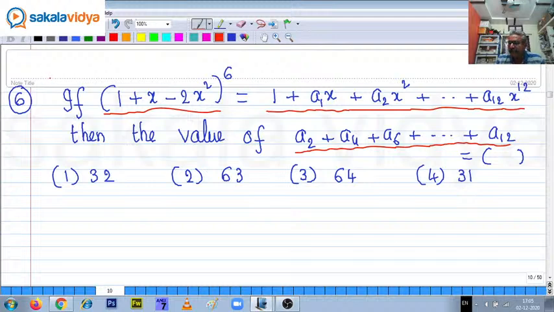Sometimes we may substitute x is equal to 1, x is equal to omega and x is equal to omega square also. So these are the tentative substitutions we can follow to crack these kinds of problems. First let us put x is equal to 1 on both sides and put x is equal to minus 1 on both sides. Let us check whether we are going to get it or not.